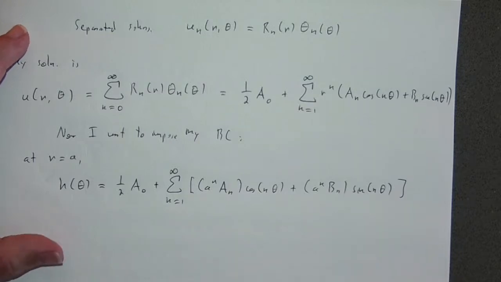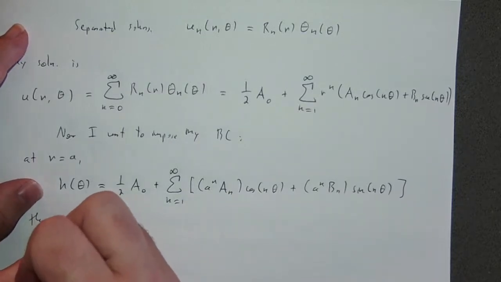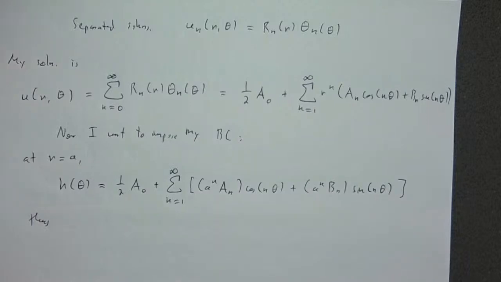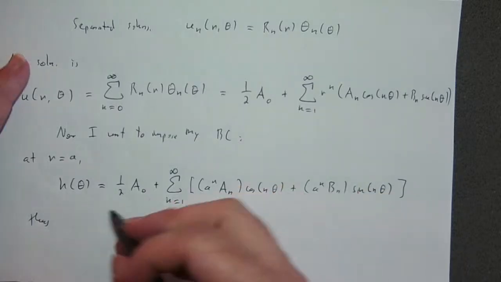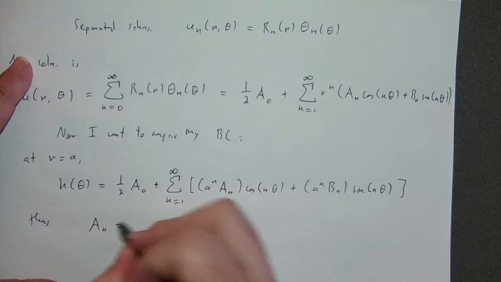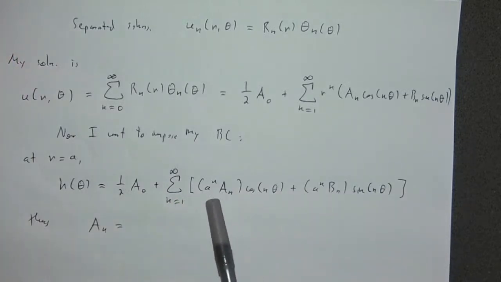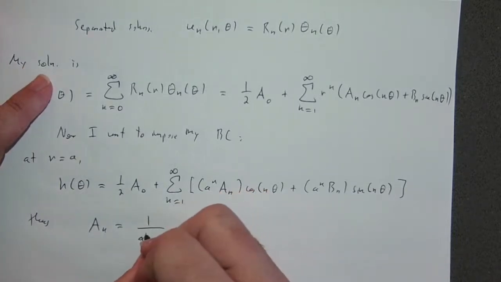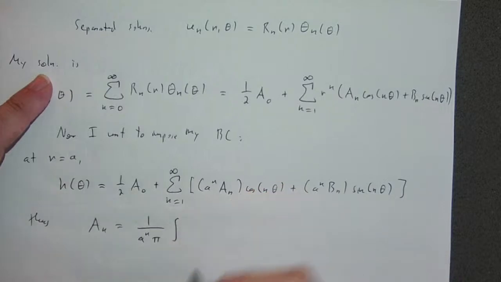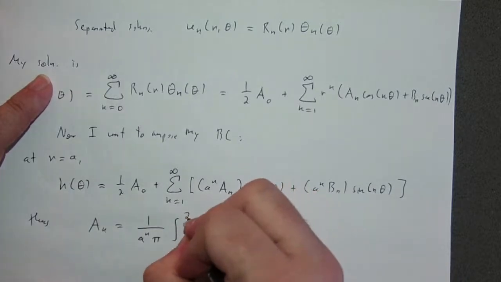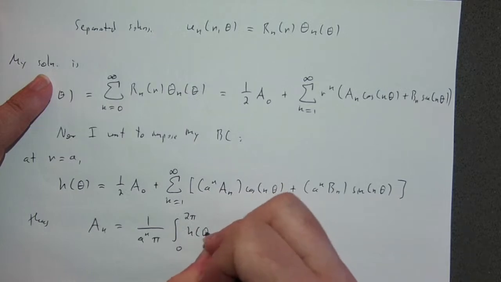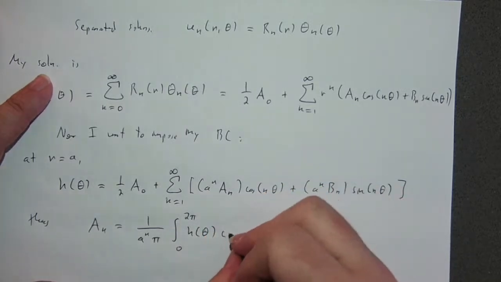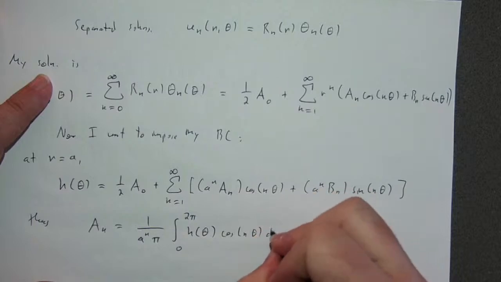And so using our usual Fourier series analysis here, this means that these Fourier coefficients a sub n can be obtained by dividing the usual full Fourier series coefficients by little a to the n. So a sub n is 1 over little a to the n pi times the integral from 0 to 2 pi of h of theta cosine of n theta d theta.